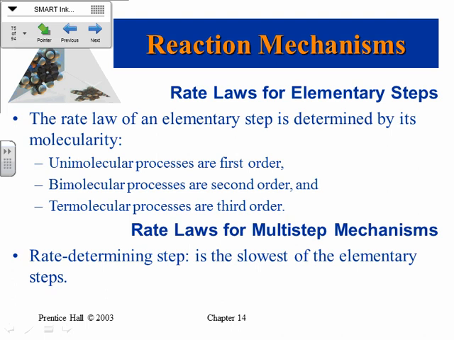If we're talking about the rate law for an elementary step, you actually can use the stoichiometry to determine it. Unimolecular processes are going to be first order, bimolecular second order, termolecular third order. And again, we typically don't get a third order elementary step.